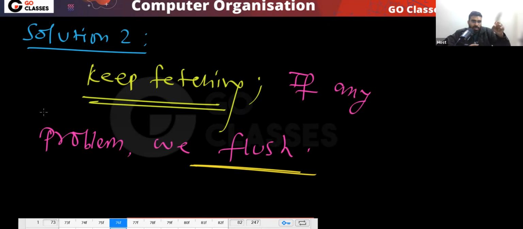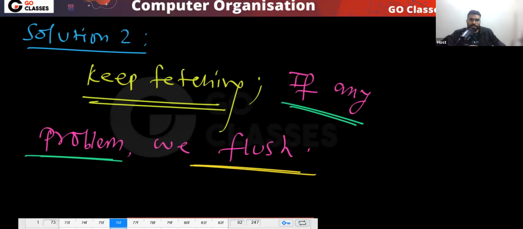But in this solution, after some branch instructions, stalls will come, right? Because if there is any problem, then you will stall, then you will flush. Is this clear? If there is no problem, then no problem.